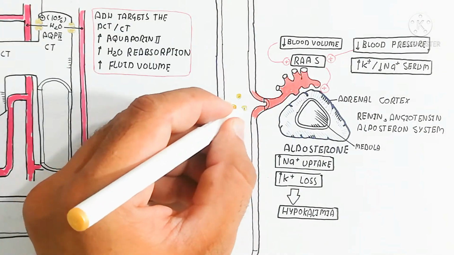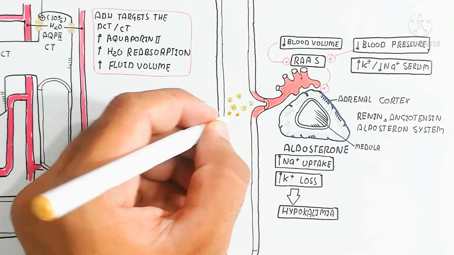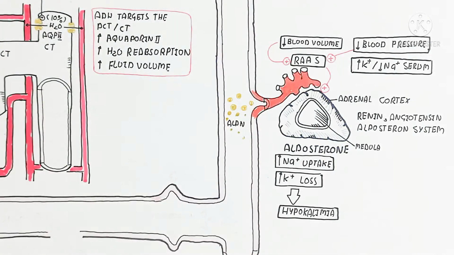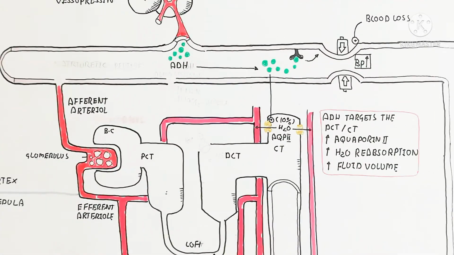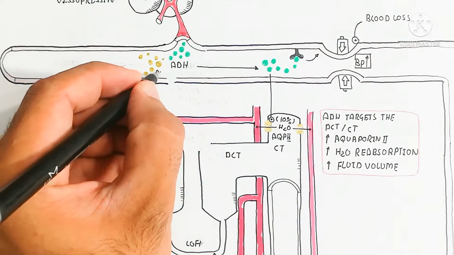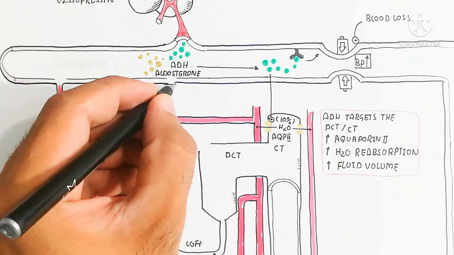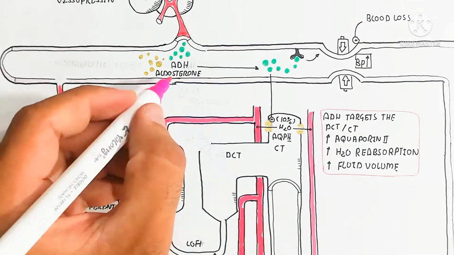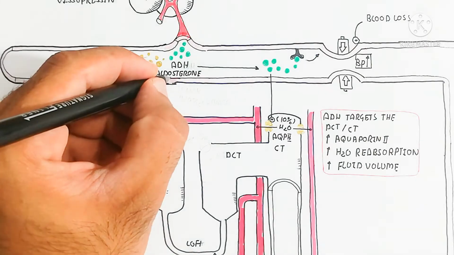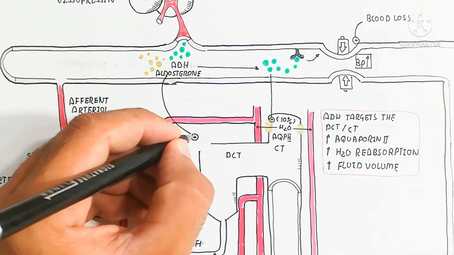So in the renin angiotensin system, renin is produced from the juxtaglomerular part of the nephron. The aldosterone will enter the blood circulatory system, which leads to uptake of sodium from the distal convoluted tubule and proximal convoluted tubule.